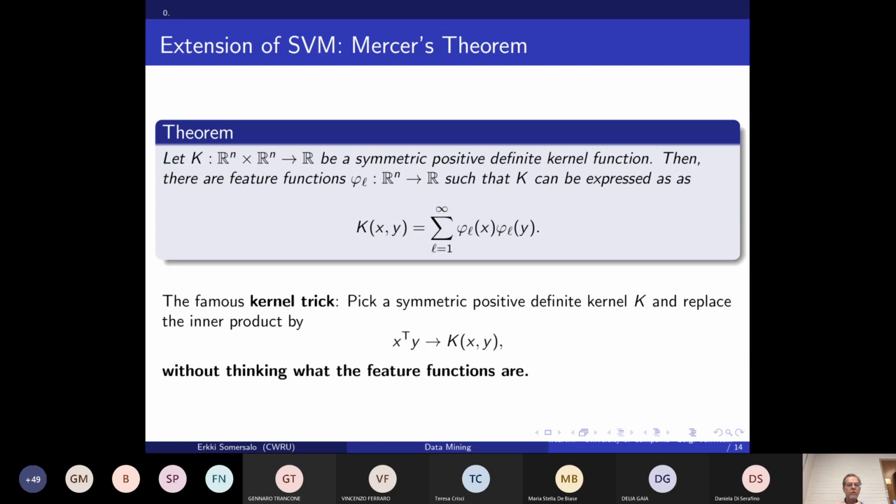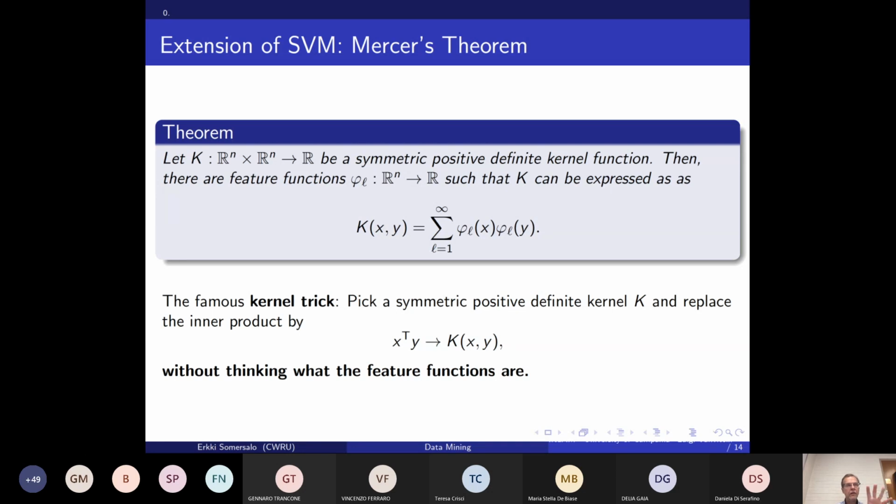So now what we do in this support vector machine context, we use the so-called kernel trick. People are talking about the kernel trick, and this is what it is. You pick a symmetric positive definite kernel k, and then you replace the original inner product in your data space, x transpose y, by k(x,y), without thinking about what the feature functions are.